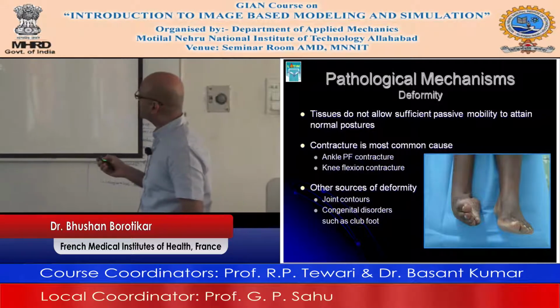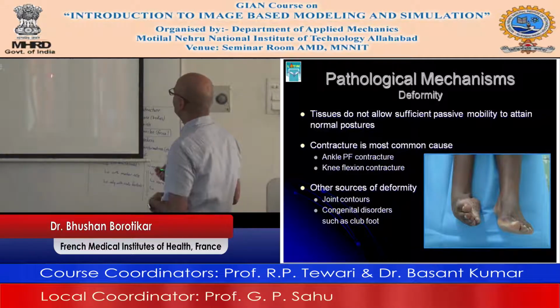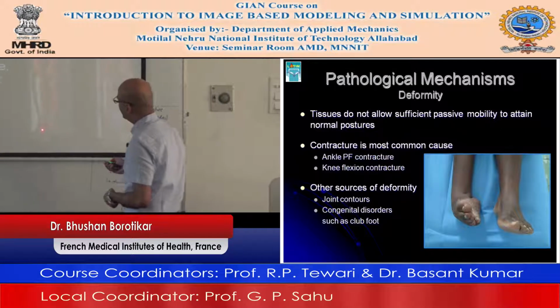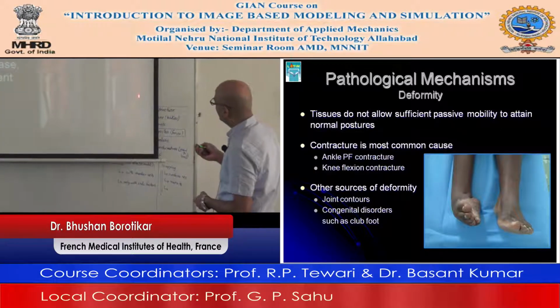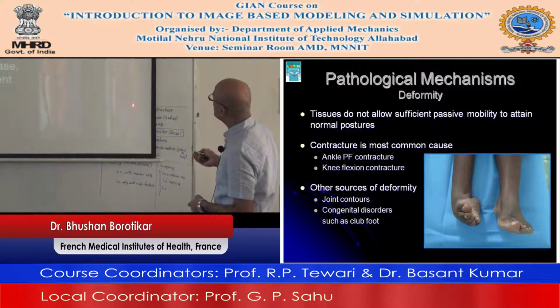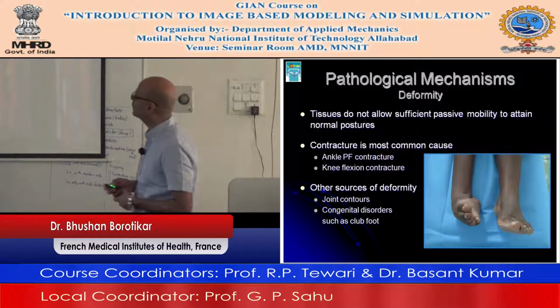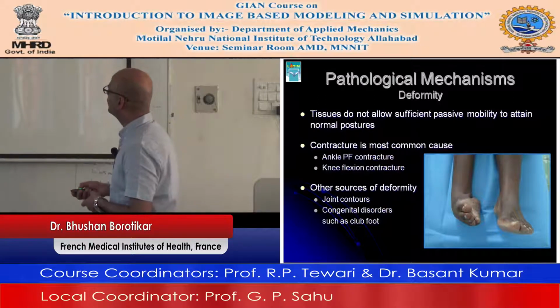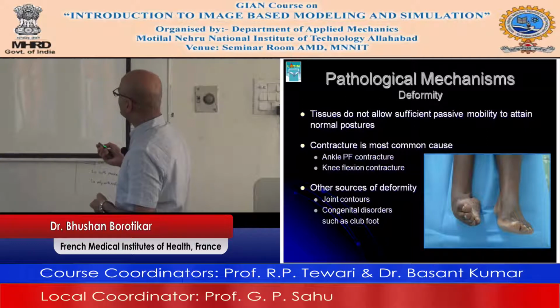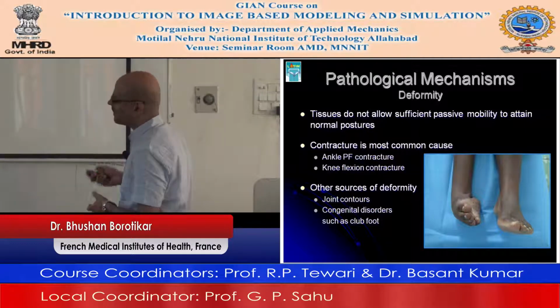Then the second one is muscle weakness. I don't know if you can see that, but there is a healthy muscle volume here, and there is an atrophied, or lesser, muscle volume here. Can you see that? It's insufficient muscle strength to meet the demands of walking.